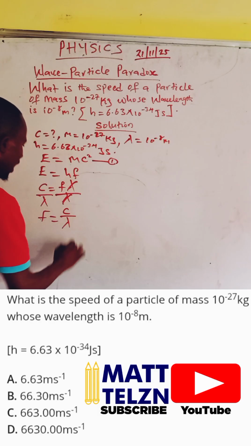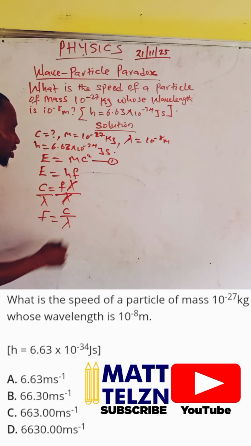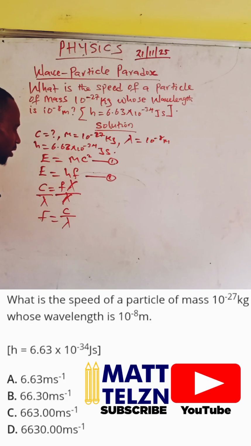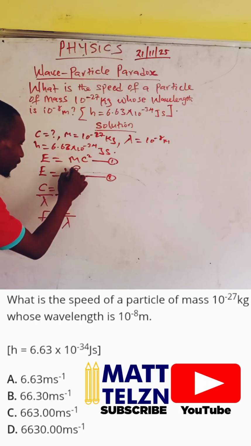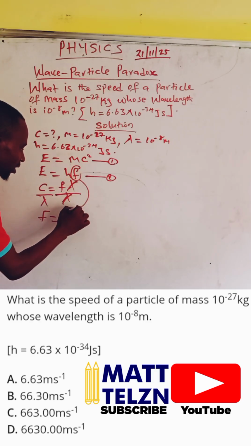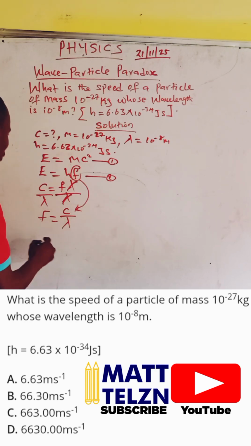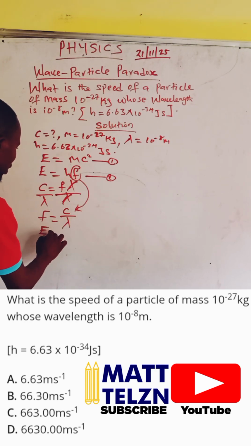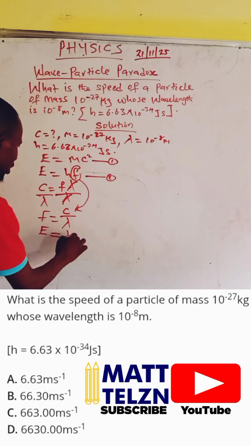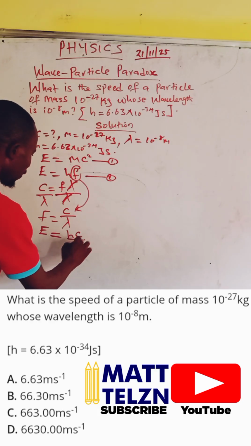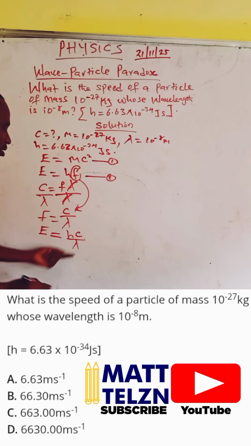C over lambda, right? The next thing is, from this, let me say equation 2, I'm going to replace where f, I'll replace it with this. Good. So what am I going to have? I'm going to have E is equal to Planck constant times C over lambda, right?